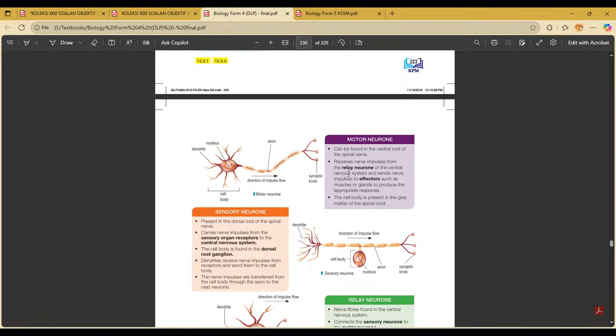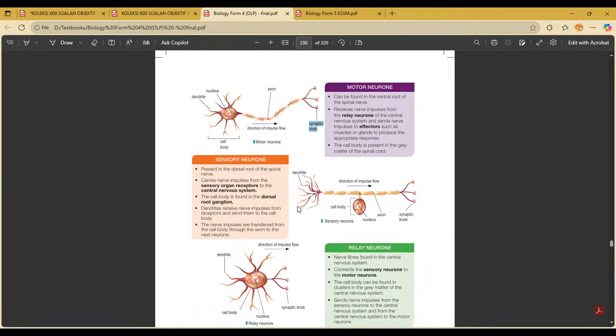Here it is. Motor neuron has a few of these, axon and a cell body here. Cell body at the end with the dendrites and the few synaptic nerve at the end.